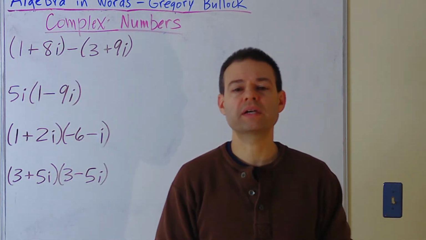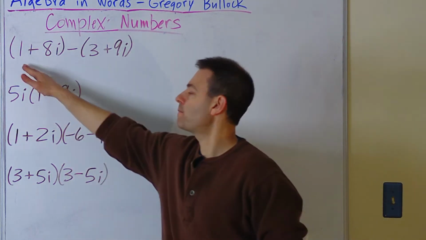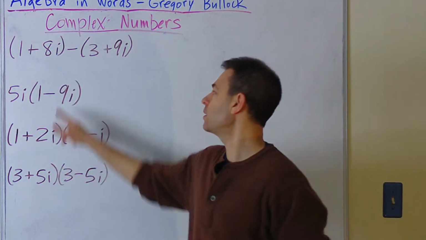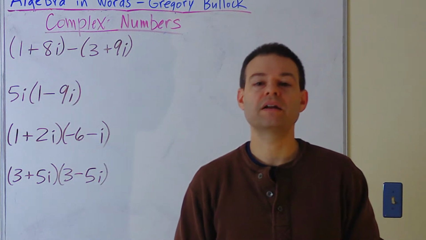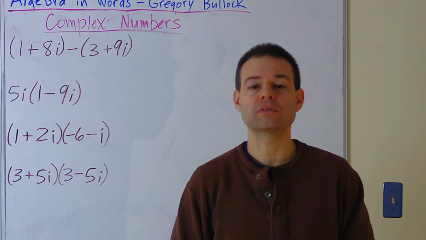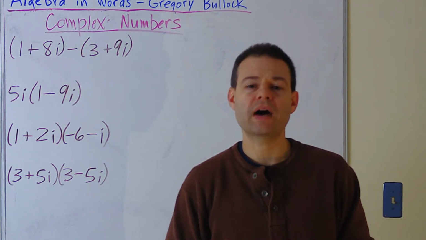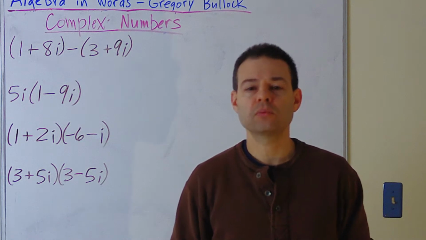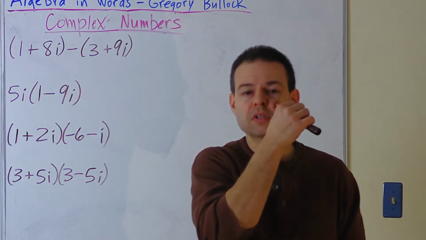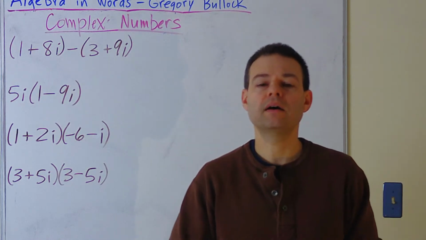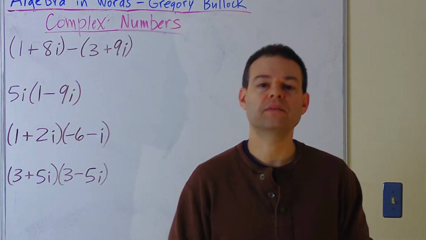Also, the way that we write complex numbers is the real part is written first and the imaginary part is written second. Now, the way that you should treat and understand complex numbers really is to treat any term with i like it's a term with a variable of any letter, like x. The only difference is how you apply powers of i, such as i squared, normally at the end of a problem.